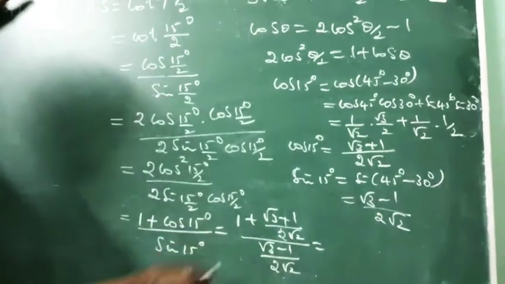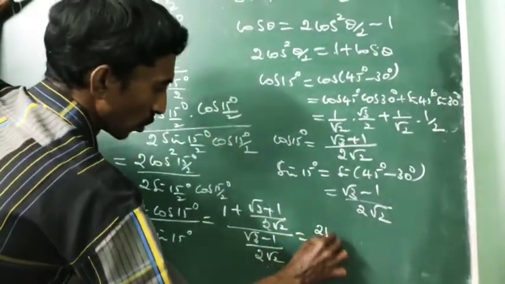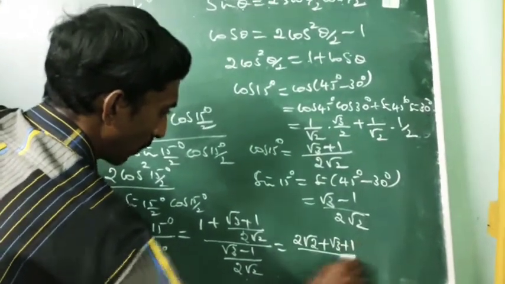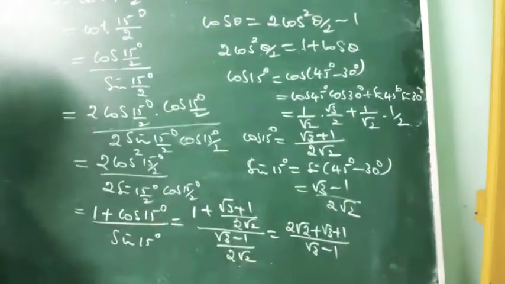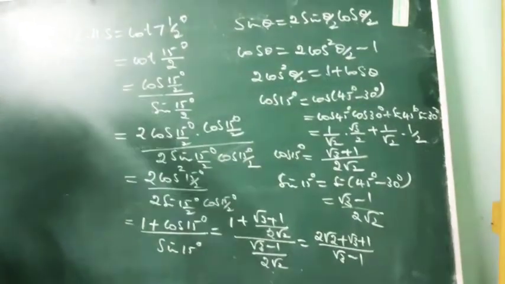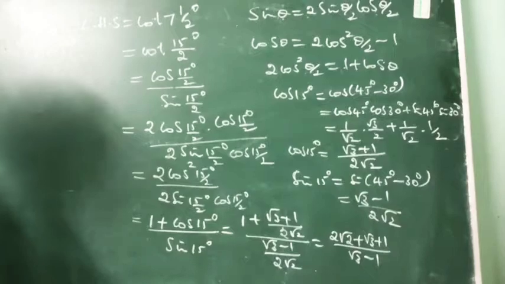Take the LCM, and the same denominator we can cancel. So 2 root 2 plus root 3 plus 1 by root 3 minus 1. We can cancel the same denominator. We need to convert this into what is in the RHS, root 2 plus root 3 plus root 6 plus root 4.